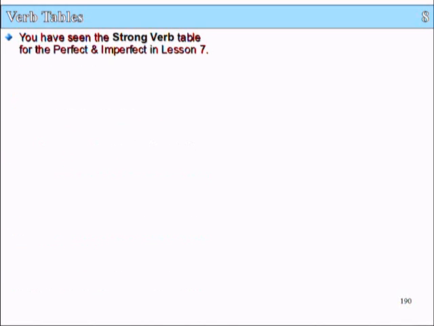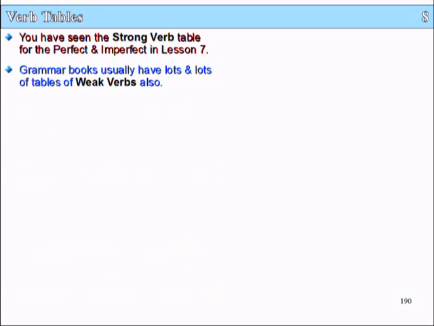Slide 190, Lesson 8, Verb Tables. You've seen the strong verb table for the perfect and imperfect in Lesson 7. Grammar books usually have lots and lots of tables of weak verbs also, and you saw the classification chart in the previous slide with the 10 different classifications of weak verbs, and we'll see the actual charts in the following slides.